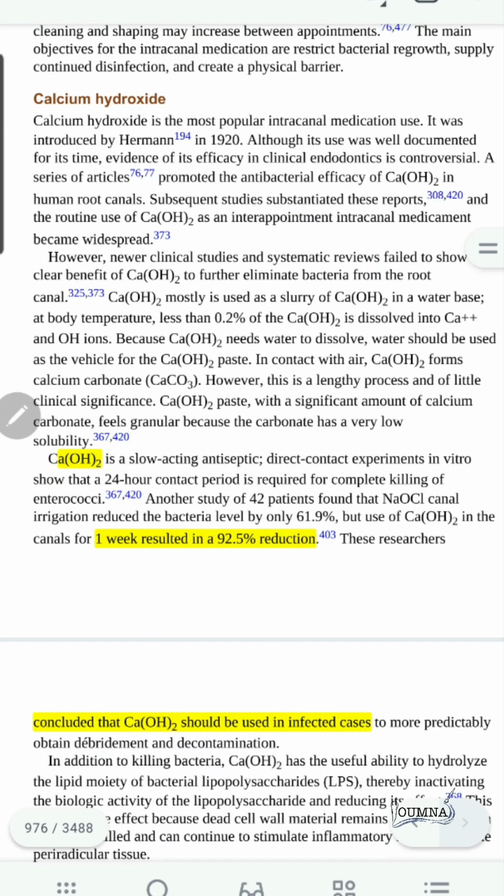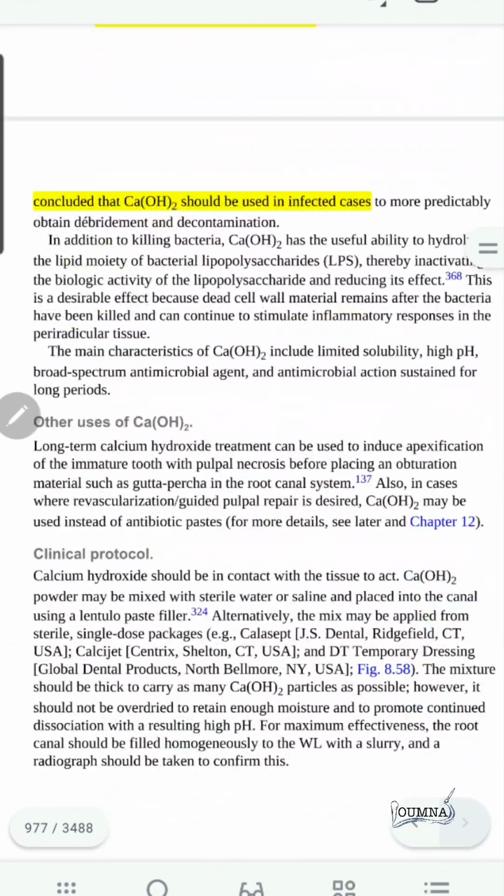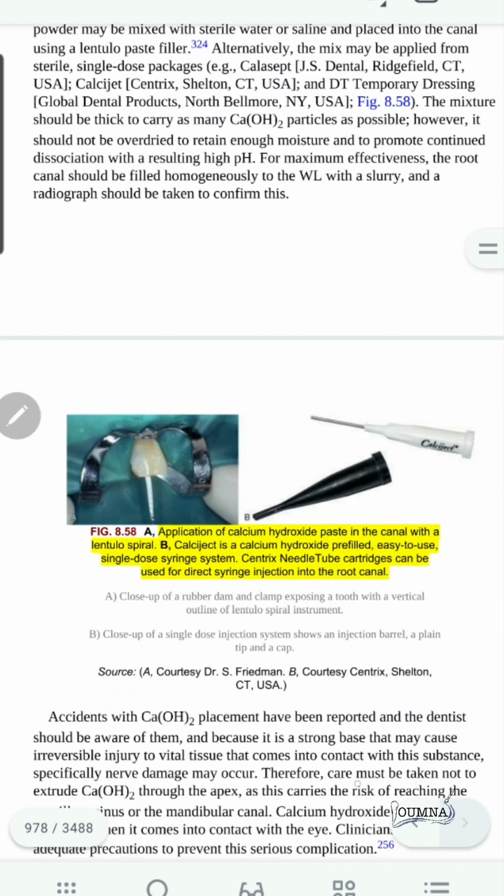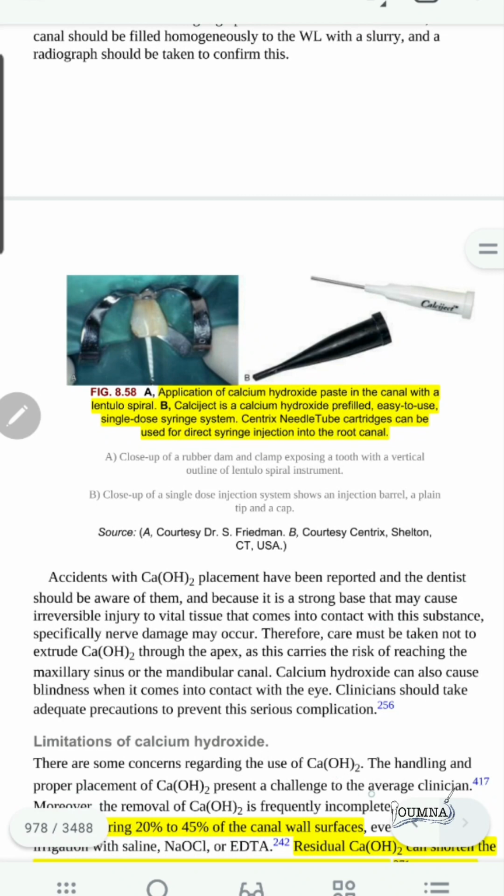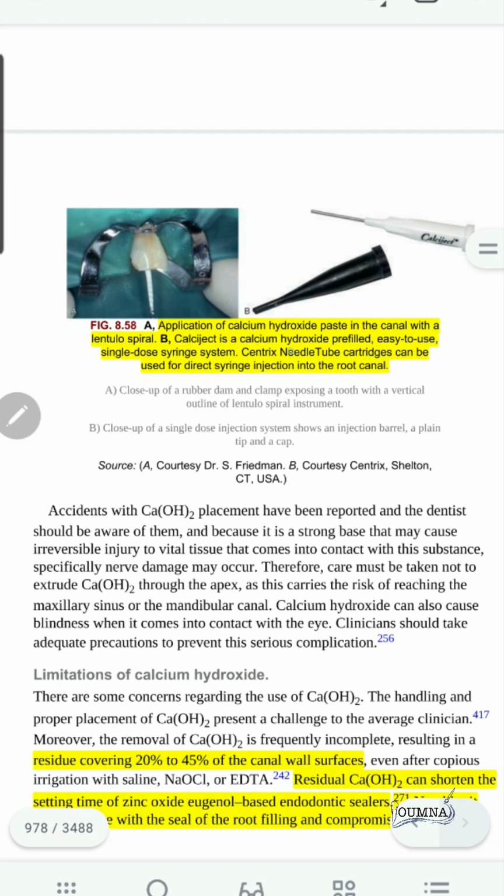Let's talk about calcium hydroxide. It is used as an intracanal medication in necrotic cases to eliminate any bacterial presence. It can be applied using a lentulo spiral or injected through a syringe.